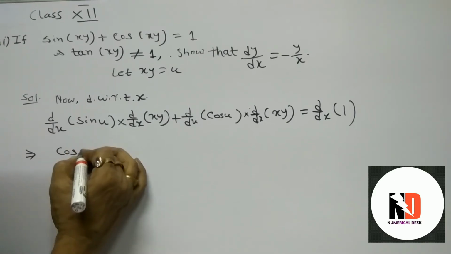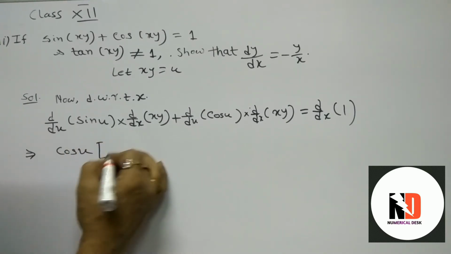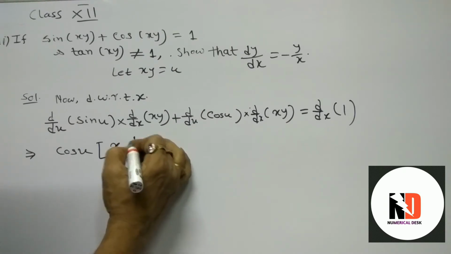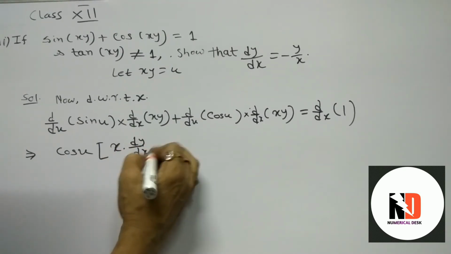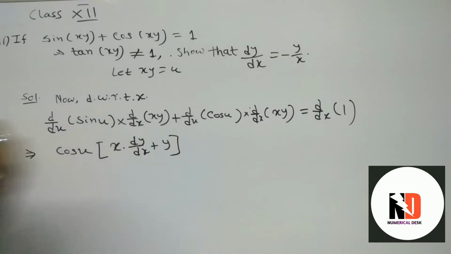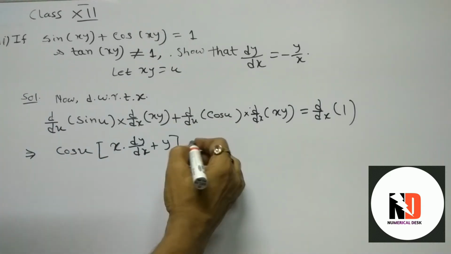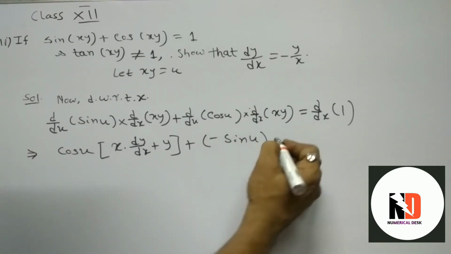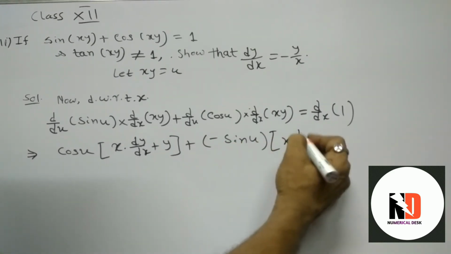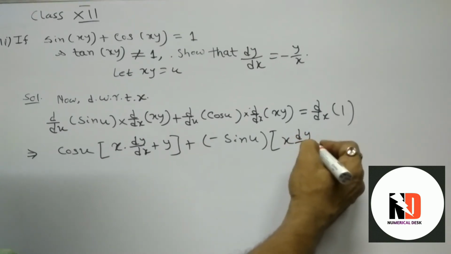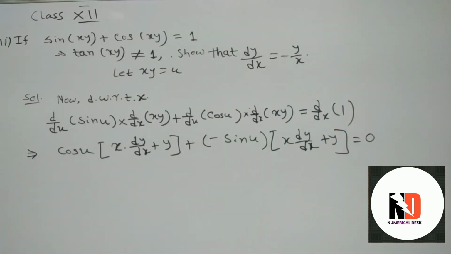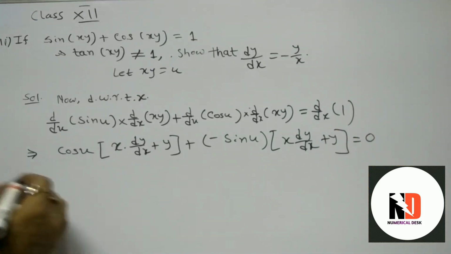So d by du of sin u equals cos u, and it is a product rule: x into y with respect to x, so it will be like that, keeping x constant, x dy dx, and now y constant, d by dx of x is 1, so I am not writing it in class 12. And now that is also minus sin u, then again the same thing, x dy dx plus y equals 0, because d by dx of a constant is 0.